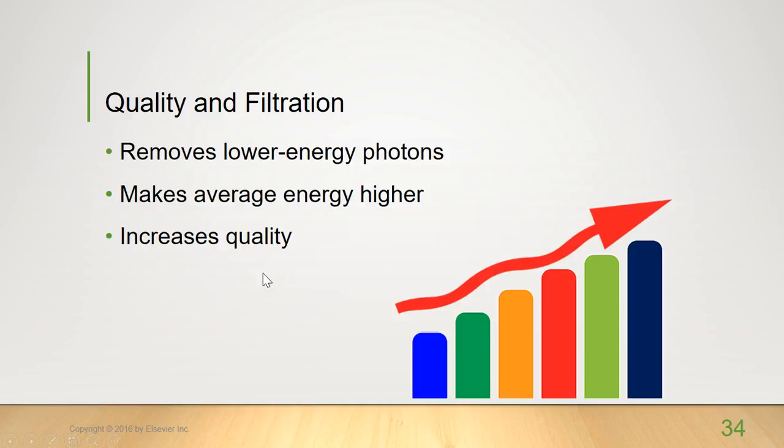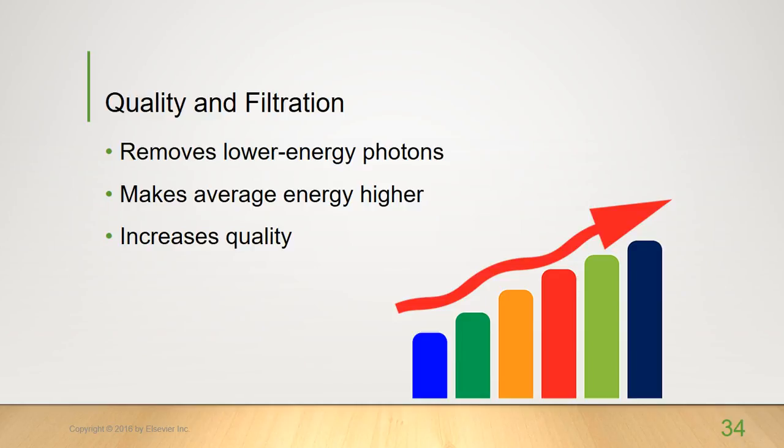Now with filtration, beam quality is also affected. We have already talked about the fact that filtration removes lower energy photons, making the energy higher. So think of this, I love this example that I have here in my notes. If an instructor drops a student's two lowest test grades, it increases the student's average. So same with X-rays.